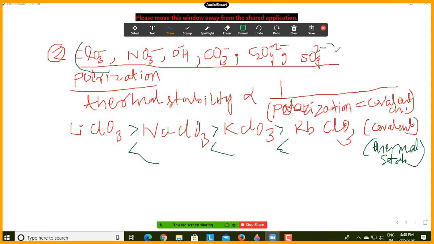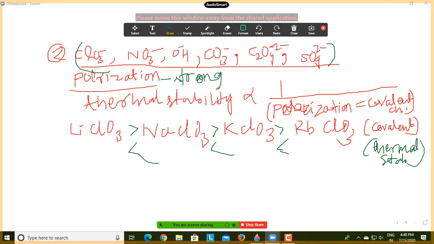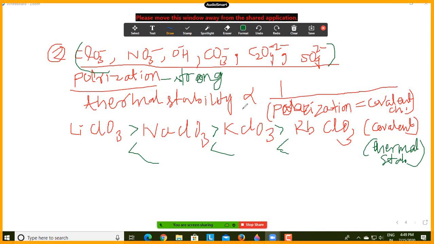If size of anion is big, then polarization is strong, meaning polarization will be much more effective, and the order will be in terms of polarization effect.